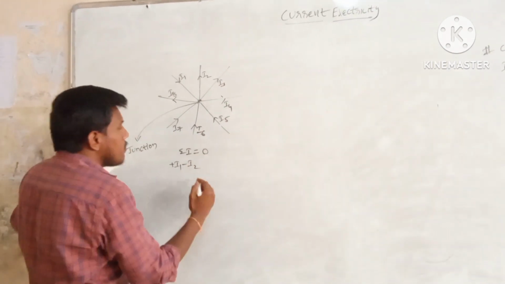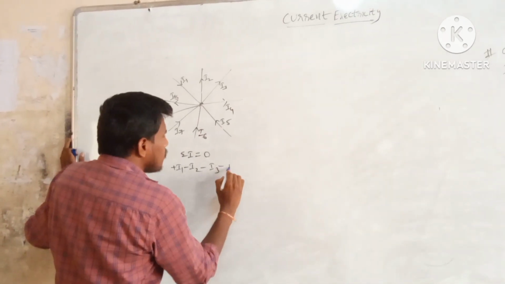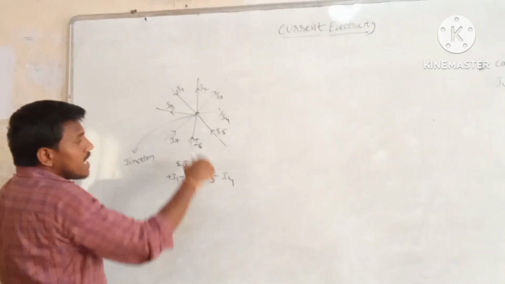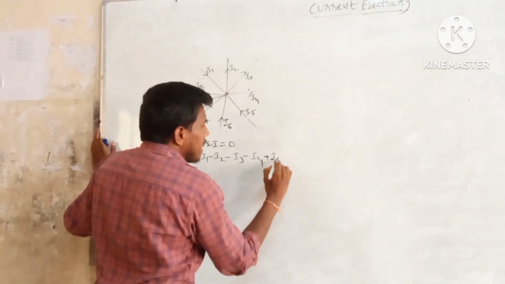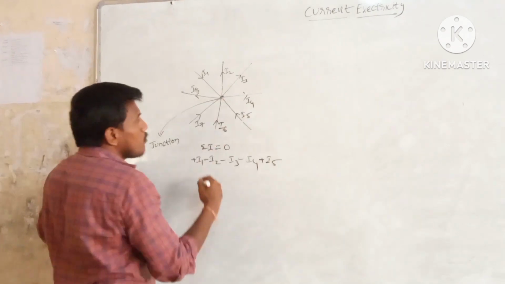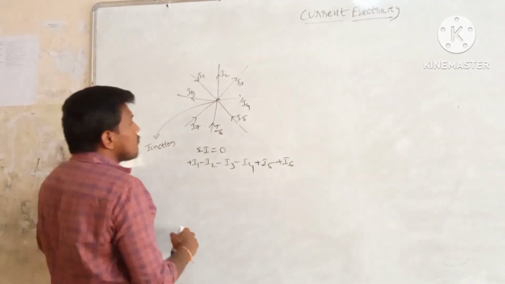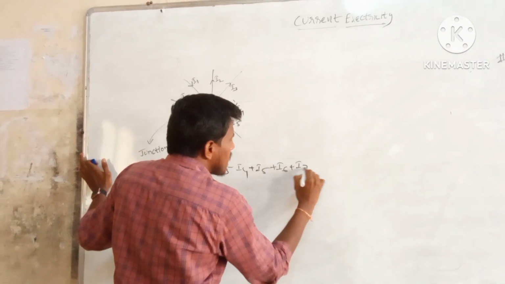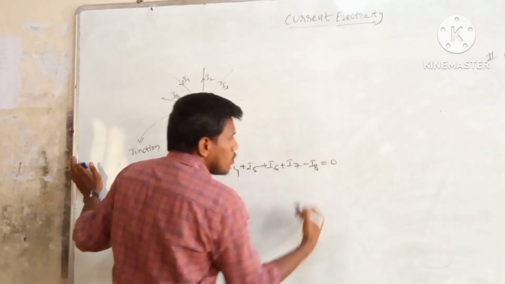I3 is flowing away, minus I3. I4 is flowing away, minus I4. I5 is flowing towards the junction, plus I5. I6 is flowing towards the junction, plus I6. I7 is flowing towards the junction, plus I7. I8 is flowing away from the junction, minus I8, should be equal to 0.